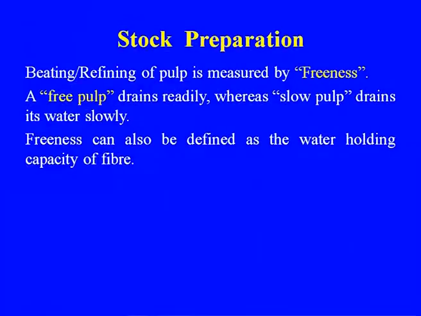The beating and refining of the pulp is measured by freeness. Freeness is a very important characteristic in the making of paper. Free pulp means it drains readily, because, as I told you, the pulp is at a consistency of about 99% water, 1% pulp, or 99.5% water may be there.